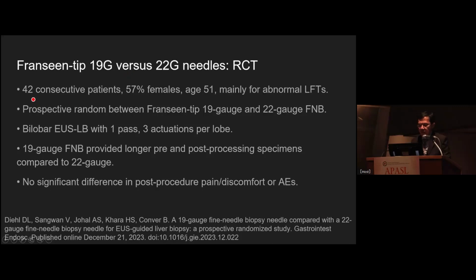They recruited 42 consecutive patients, average age 51, mainly for abnormal liver function tests, and prospectively randomized between 19 versus 22 gauge Franseen tip and bilobar EUS liver biopsy with 1 pass, 3 actuations per lobe. The 19 gauge provided longer pre- and post-processing specimens compared to 22 gauge, with no significant difference in adverse events, post-procedure pain or discomfort between the two needle sizes. The 19 gauge gets a longer piece of specimen.